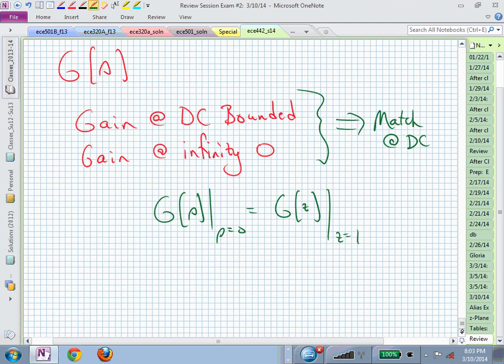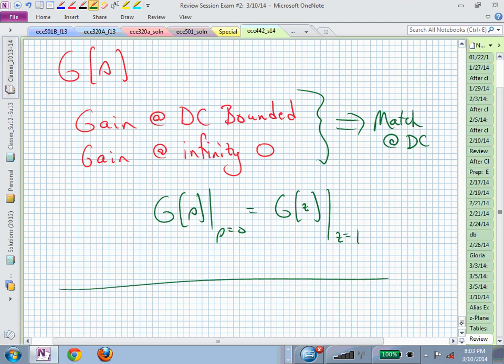So that's sort of a low-pass behavior for your starting G of S, if it has a bounded low-frequency gain and its gain goes to 0 at high frequencies. So you plug in S, and if you have a pole zero excess and your transfer function's stable, that means it's well-behaved, then it's going to vanish, isn't it, at high frequencies. It's a low-pass behavior. The Bode plot you can maybe sort of see.